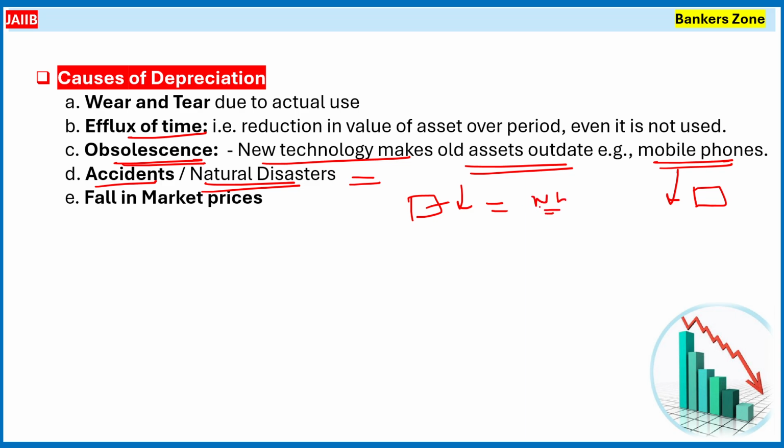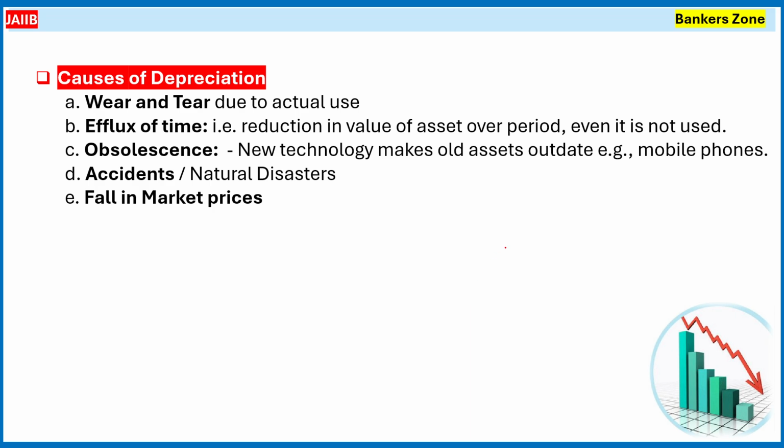In that case the value will decrease. Fall in the market price: if there is a general decrease in the market price itself, it will be the cause for depreciation. So what are the reasons? Simply wear and tear. Efflux of time means over the period of time. Obsolescence means new technology. Accidents or the fall in general prices, that is, market price.